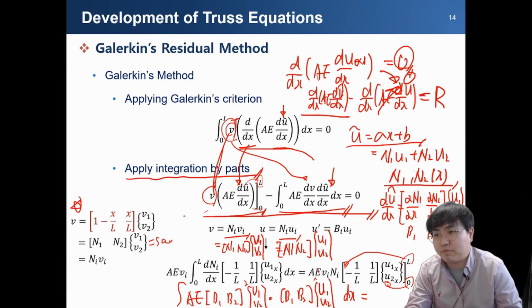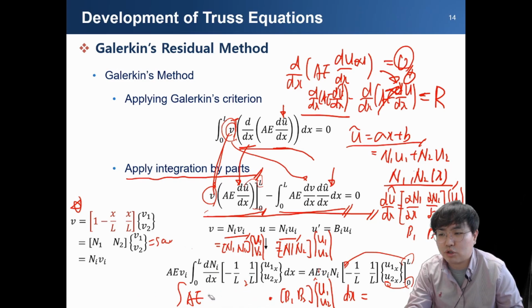After the transpose, you can obtain the same value v. After the transpose, we change b1 and b2 and v1 and v2, and then the integration with AE.